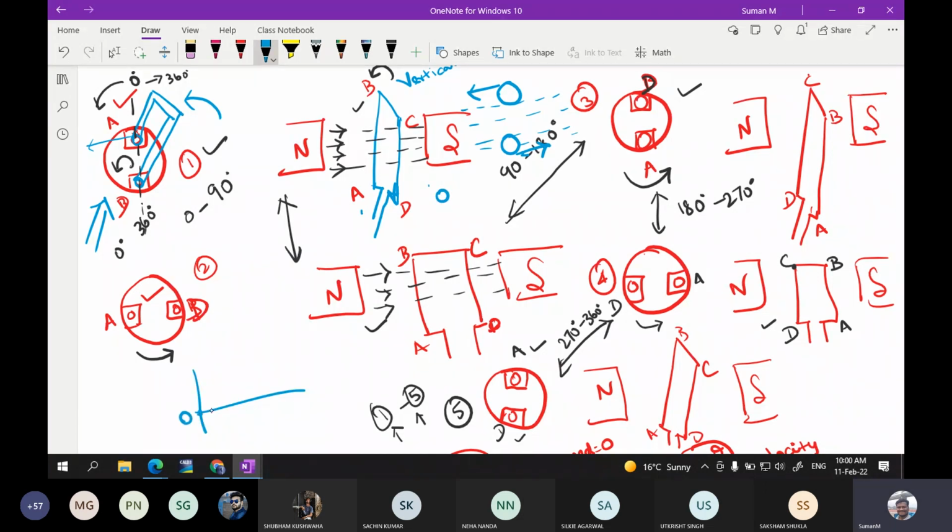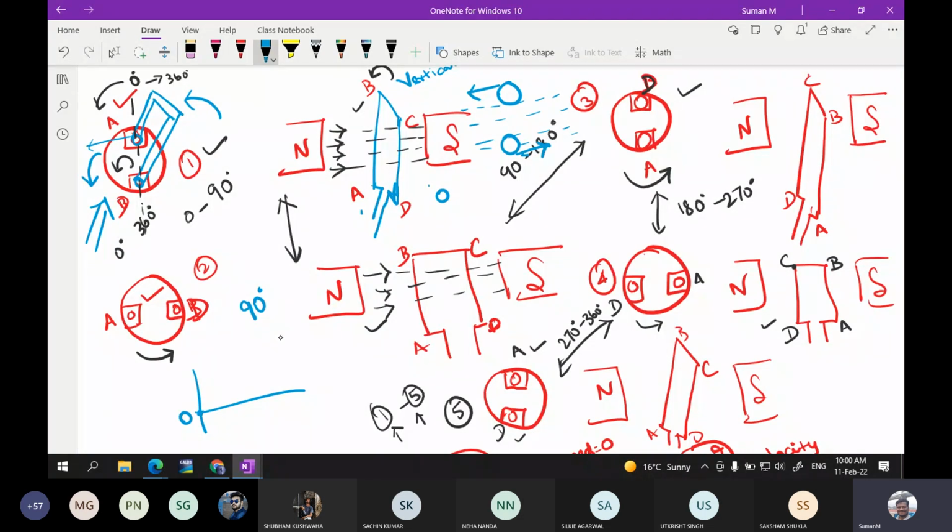Now I am moving this cylindrical structure in the anti-clockwise direction. If I move it in the anti-clockwise direction, then what happens? At 90 degrees, as I told, whenever the conductor comes nearer to the poles, you will get the maximum EMF induced. When it is at an inclination, we will get some value.